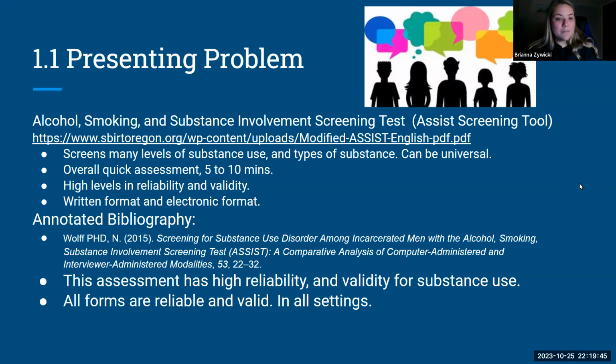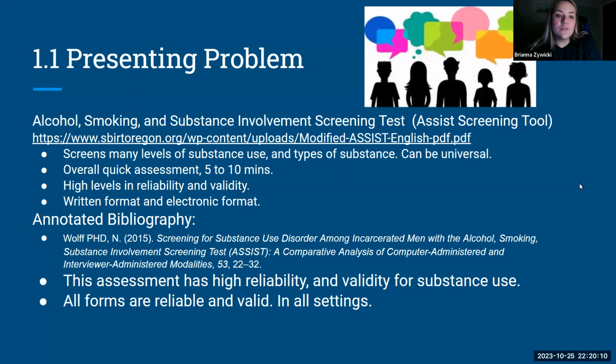That's what my annotated bibliography is on: how reliable and valid it is. It's given to incarcerated men while they're in jail, and it shows that a large percentage of those incarcerated have severe substance use disorder and some type of substance use even while in jail.